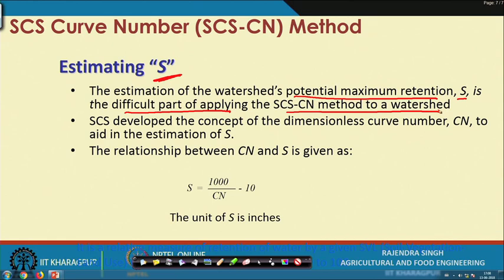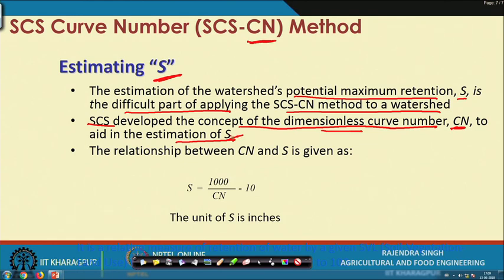So in order to overcome this problem, SCS developed the concept of the dimensionless curve number, Cn, to aid in estimation of S. That is where the curve number, the second part of the name, comes from, a dimensionless number which can help us in estimating the potential maximum retention.